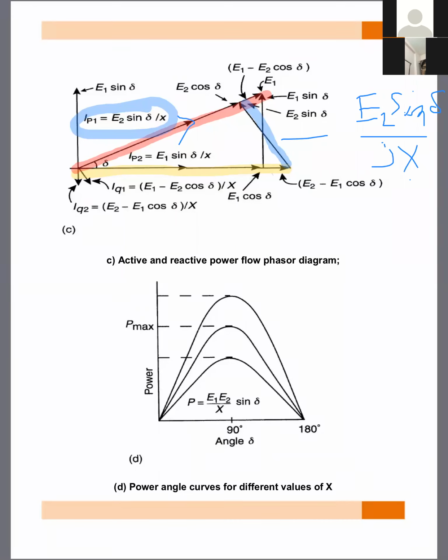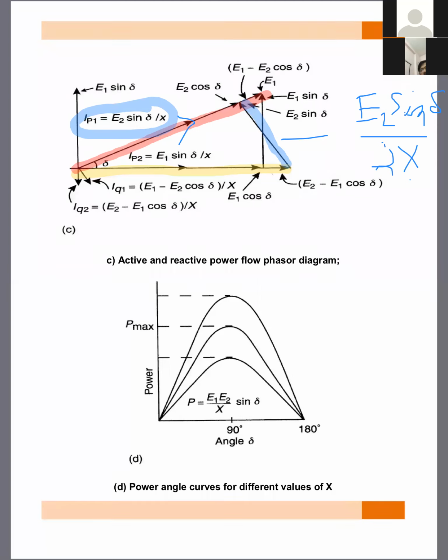Remember why it is lagging by 90 degrees. Very simple, don't confuse. I am repeating a number of times, but don't get confused. Simply draw E2 as a reference, then E1 at an angle delta 1. Then draw perpendiculars for E1 and E2 from the ends.